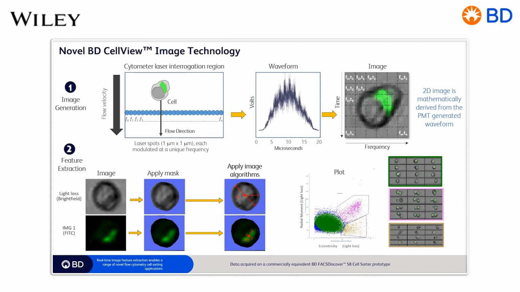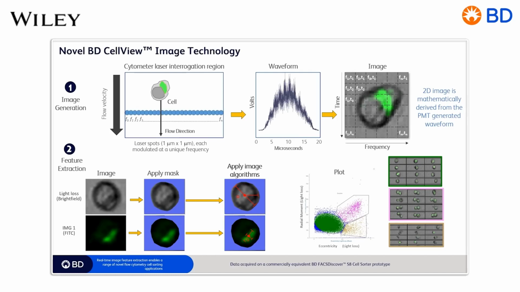The front leading edge of the cell breaks the interface of the laser beam, and that is effectively time 0. Then 1 micron later is time 1, and so on and so forth. As you work your way from the bottom to the top of the cell, you get a line reading effect where you get a different set of time and frequency variables for each part of the cell.